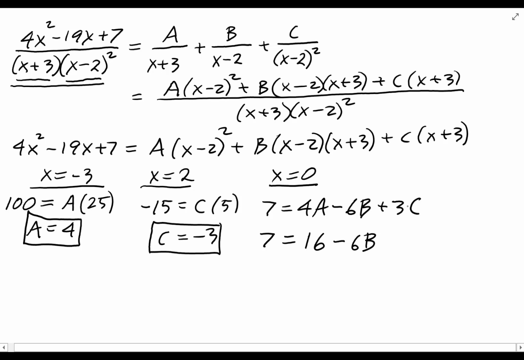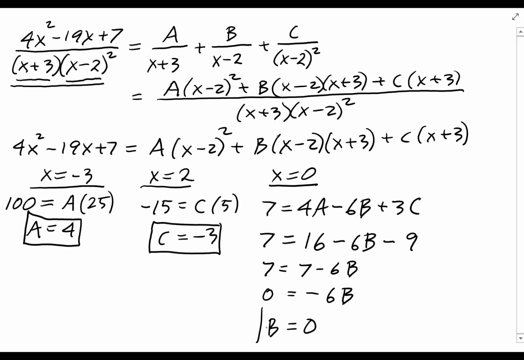So 3 times negative 3 is a negative 9. Okay, so if I combine the 16 minus 9, I get 7. So I get 7 equals 7 minus 6b. I subtract the 7's from both sides, and I get 0 equals negative 6b. Then divide by negative 6, and b is going to be 0.